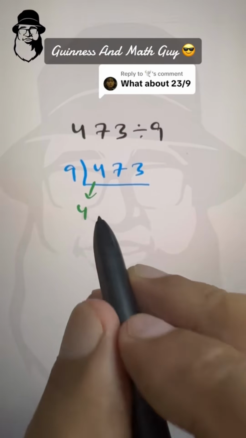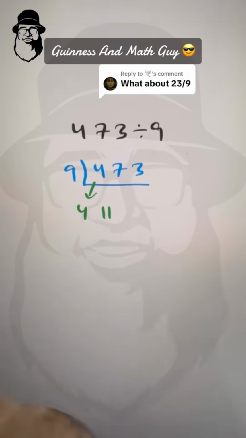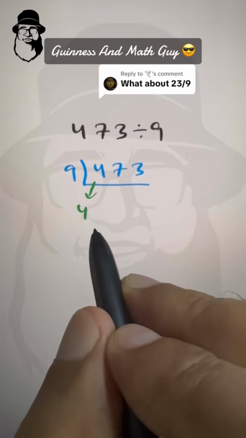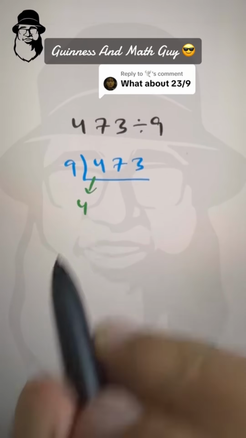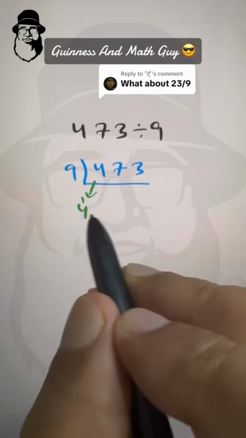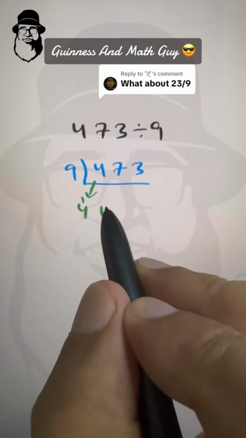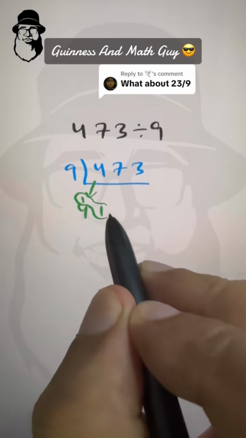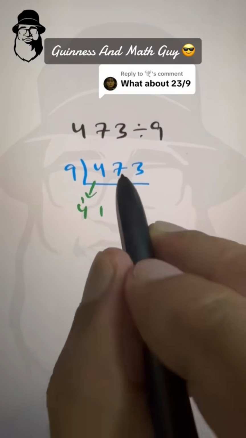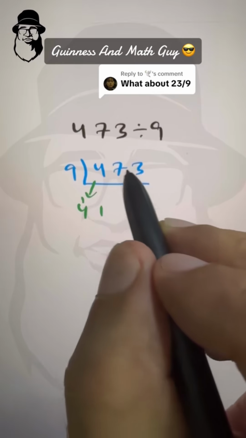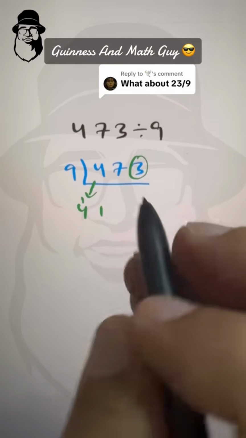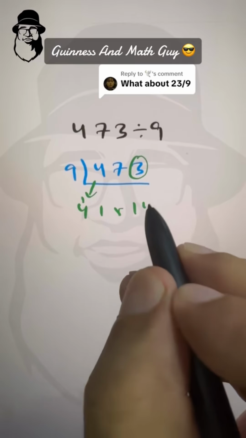Then 4 plus 7 is 11. But instead of writing 11 like this, we know that we have only space for one digit. Let me write it like this, 11. But remember, we have this 11 here in this latest answer. So 11 plus this 3 is 14. So the remainder 14 we have.